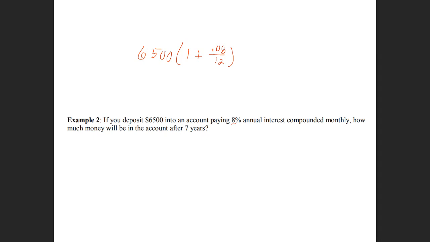Well, I usually just multiply that out. So that's 7 times 12, so that's 84. So it's going to be to the 84th power. And then now all I have to do is plug it into my calculator. So I've got 6,500 parentheses 1 plus 0.08 divided by 12 parentheses raised to the 84th power.